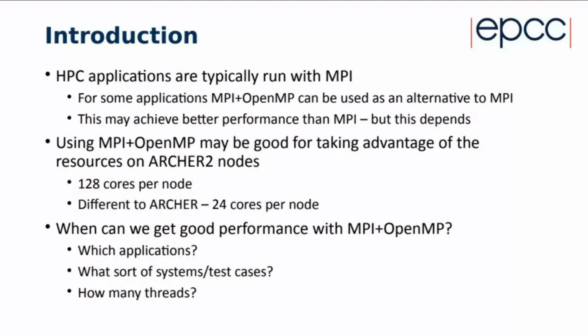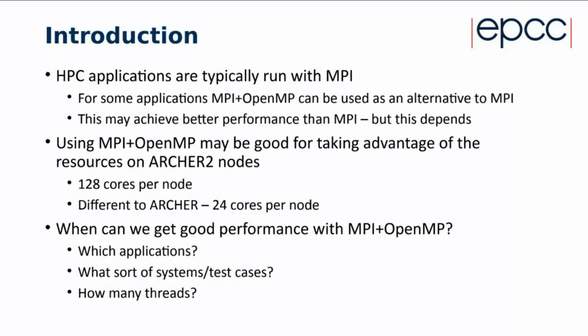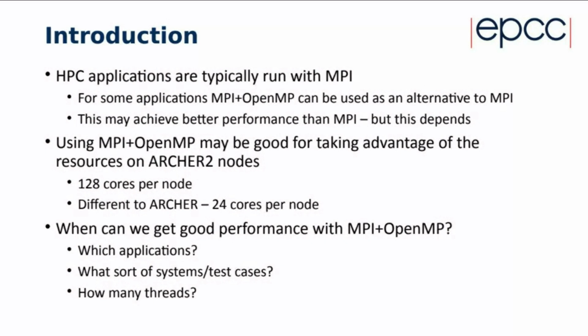Using MPI plus OpenMP might be good for taking advantage of the resources in ARCHER2 nodes. ARCHER2 has 128 cores per node, whereas its predecessor ARCHER had only 24 cores per node. So this is quite a different balance, with a lot more cores on a node.